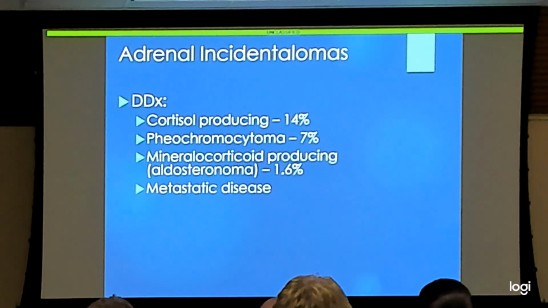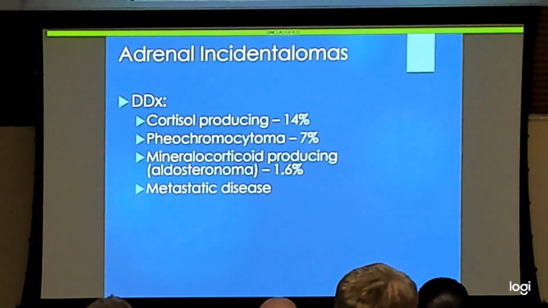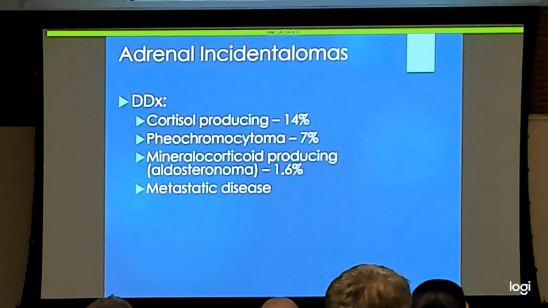And then mineralocorticoid producing. So remember aldosteronoma, right? Again, these don't always come with an adrenal mass, so I have tests that you need to do to figure out if you have one of these conditions. Does that make sense? If you found it, it's yours. Own it. Love it. Be sweet to it. And we'll figure out what to do.